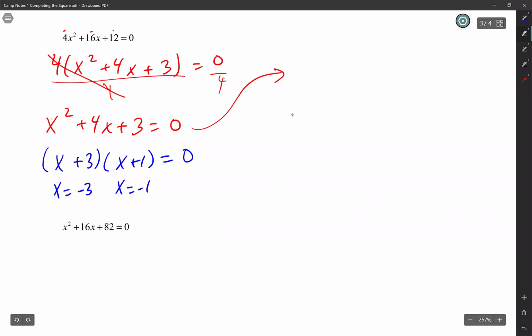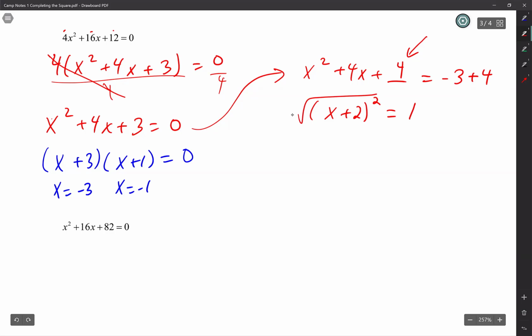I'm going to move the 3 to the other side. x squared plus 4x plus something equals negative 3. Let's see what goes for that third term. 4 divided by 2 is 2, and 2 squared is 4. Whatever you do to one side, you do to the other for balance. Now this trinomial is nothing more than (x plus 2) squared equals 1.